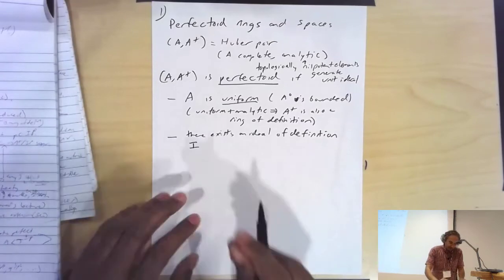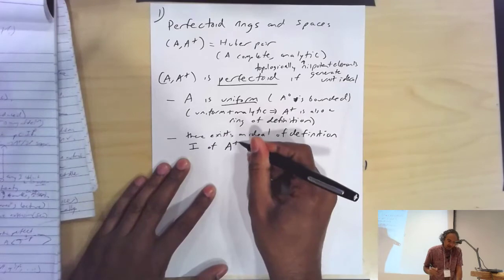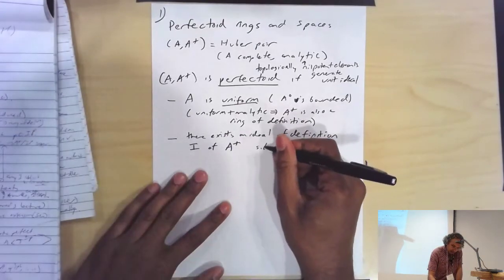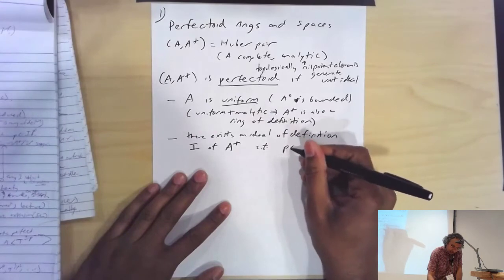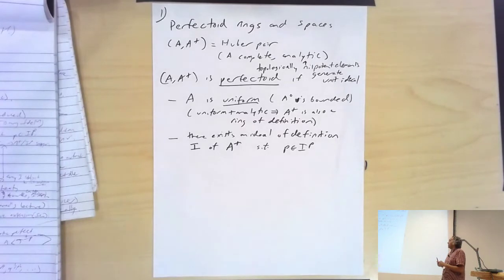There exists an ideal of definition I such that p is contained in the pth power of I. So this would, for example, rule out the case where A is Q_p and A plus is Z_p, as we needed to do last time.